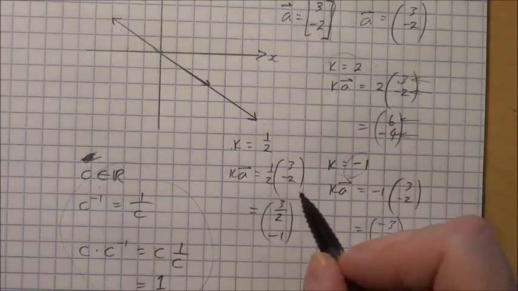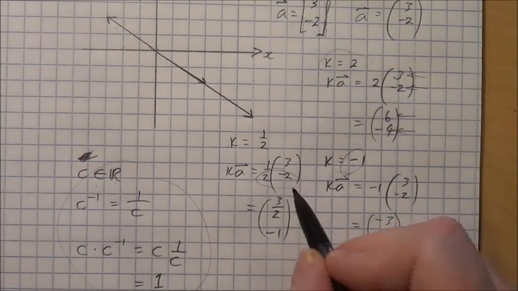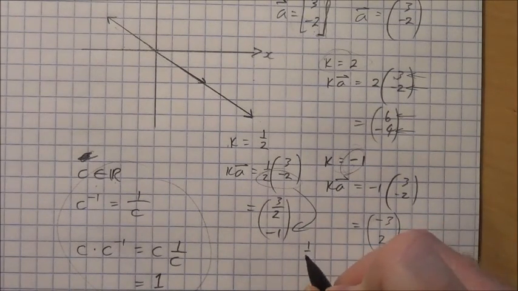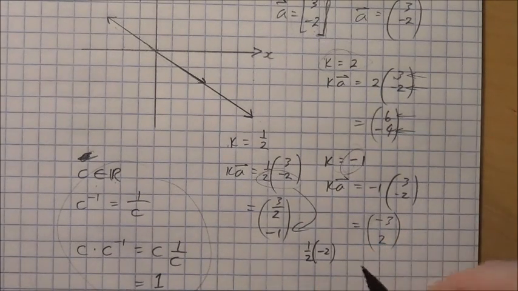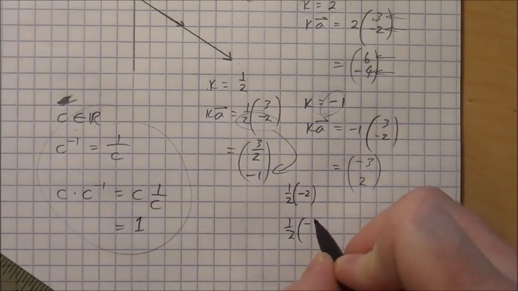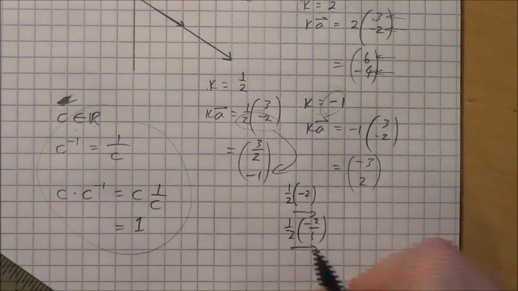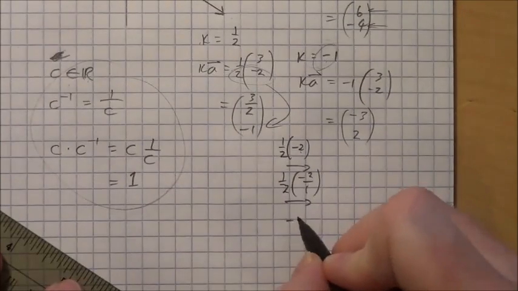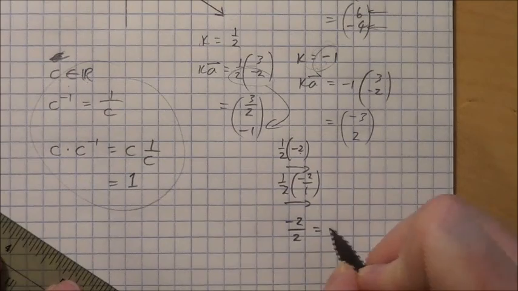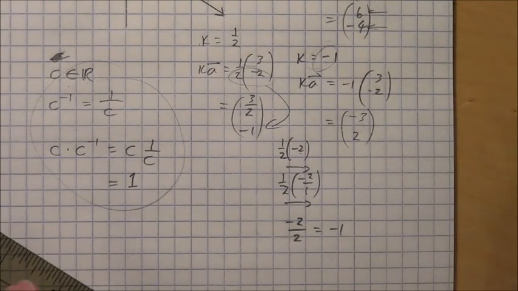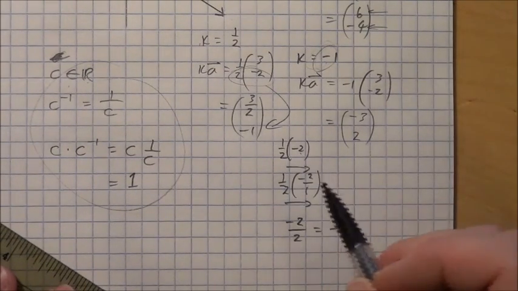Because to go from here to there, we've got 1/2 multiplied by -2, which is 1/2 multiplied by -2 over 1, because we know -2 is -2 over 1, and we just multiply straight across to get -2 over 2, which simplifies to give you -1. Okay, I know you know that, but that's just how this all works.